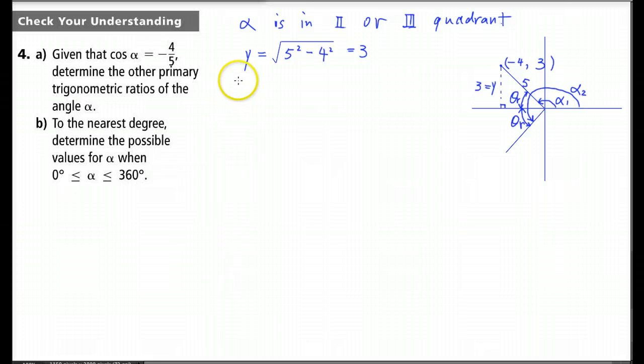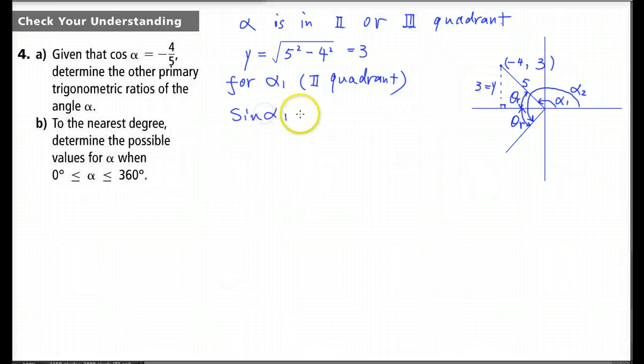Okay, so for alpha 1, which is in the second quadrant, we can find out sine alpha 1 should equal y over r, which is over 5.